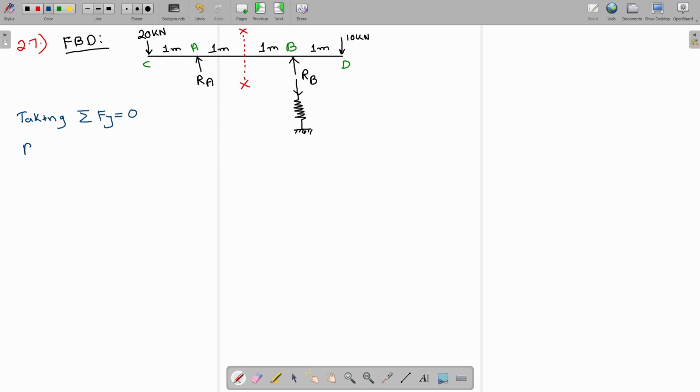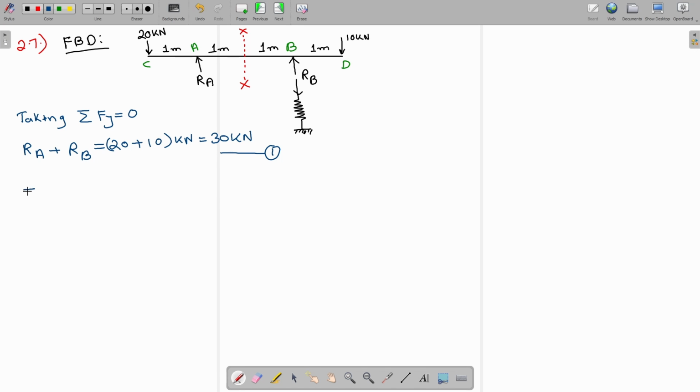Therefore, we can write that Ra plus Rb, the reaction forces in the beam, is equal to 20 plus 10 kilonewton, which is equal to 30 kilonewton. This is our equation 1.